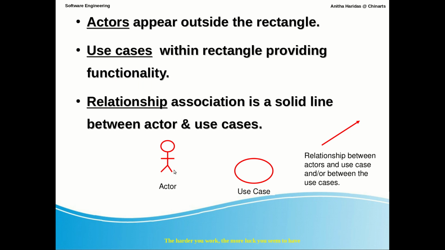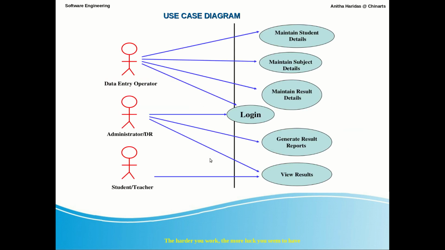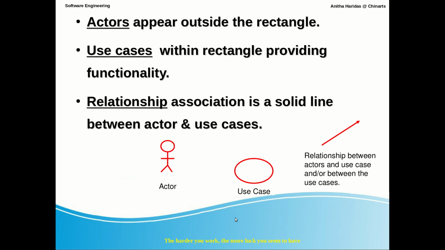In the use case diagram, you will have a box here, something like this. The actors will appear outside the rectangle, and the use cases, which provide all the functionalities of the system, will be inside the rectangle.